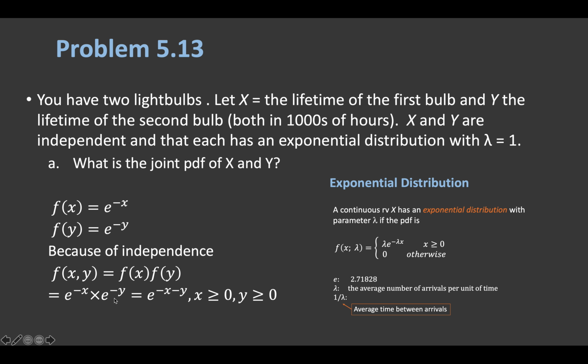So these two multiplied together equal this. We know before that in this case x needs to be bigger than or equal to 0, and y needs to be bigger than or equal to 0. So that's our joint probability density function. So easy to arrive at.